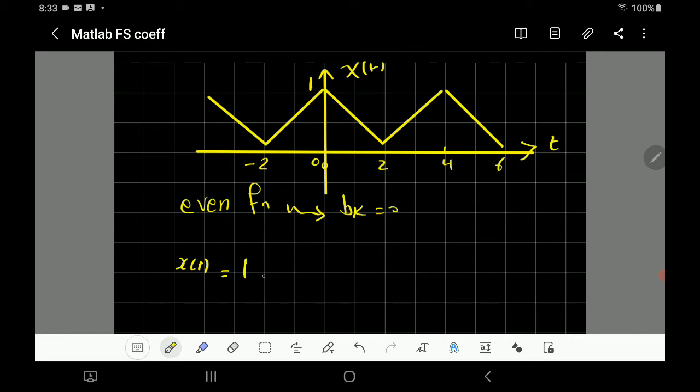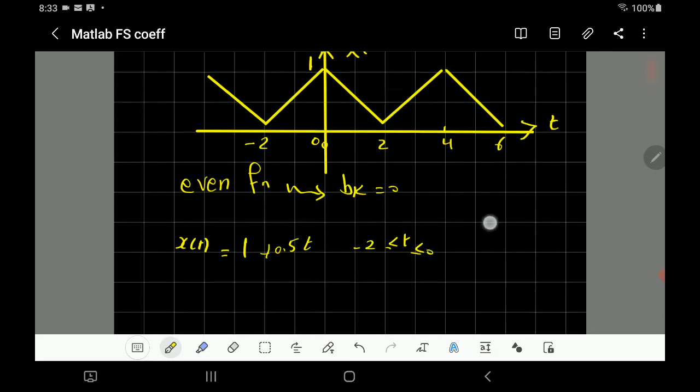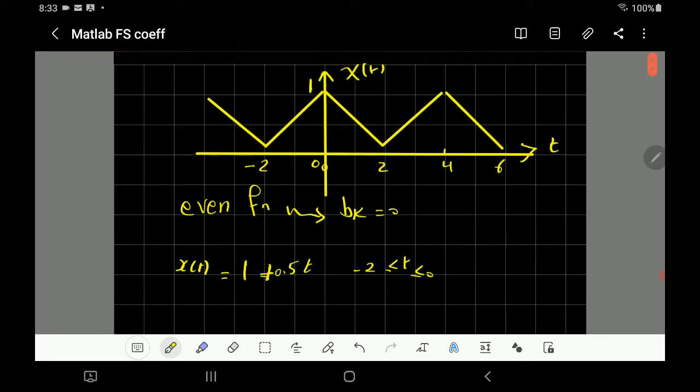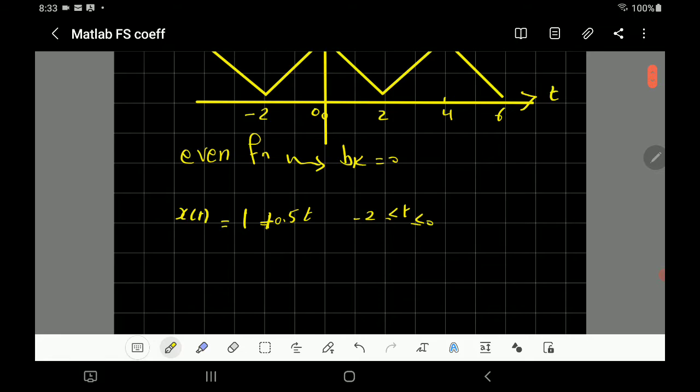So it is 1 plus 0.5 t when t is greater than minus 2 and less than 0. What about from 0 to 2? The slope would be negative. You can write it as 1 minus 0.5 t when t is from 0 to 2. That's the definition over one period.